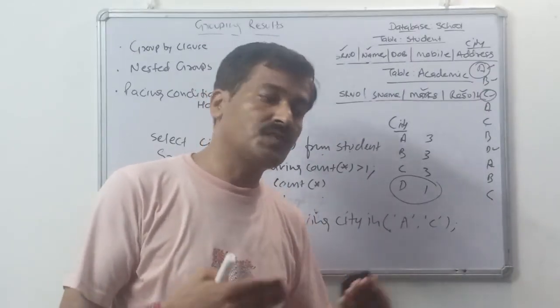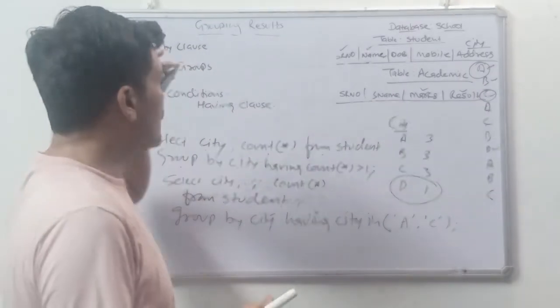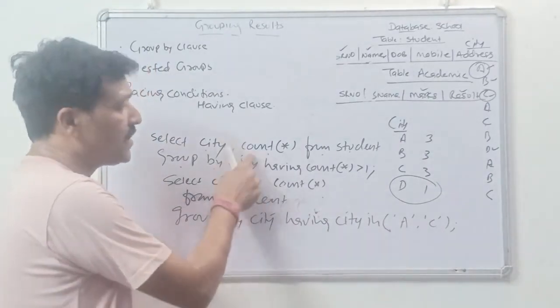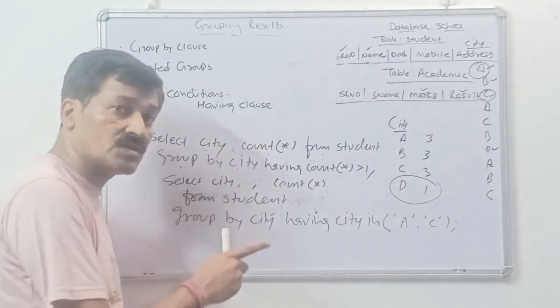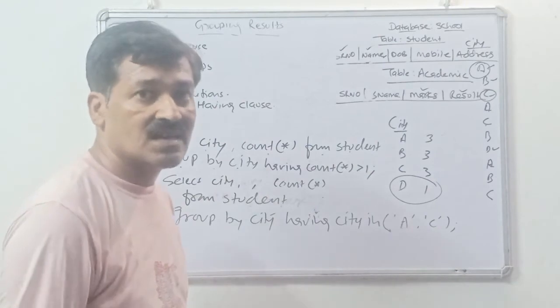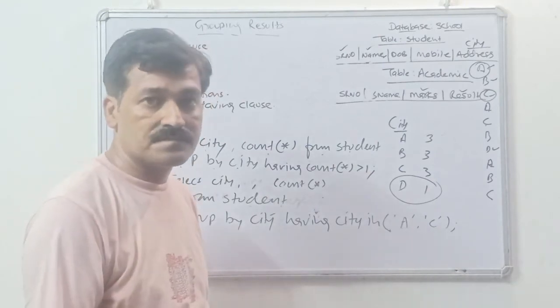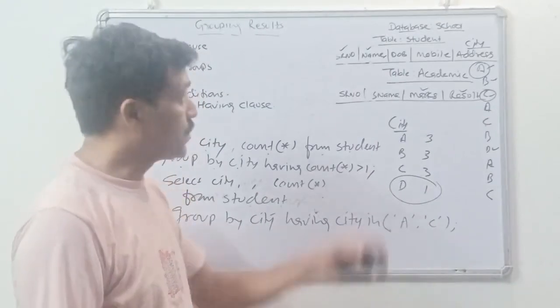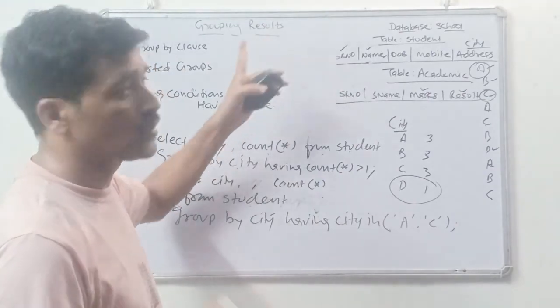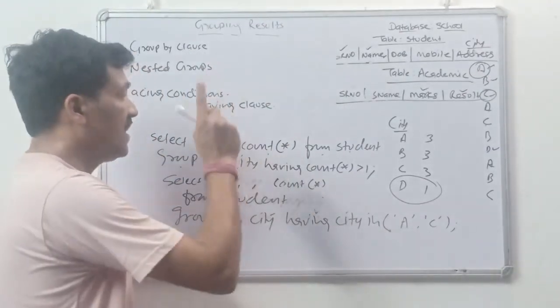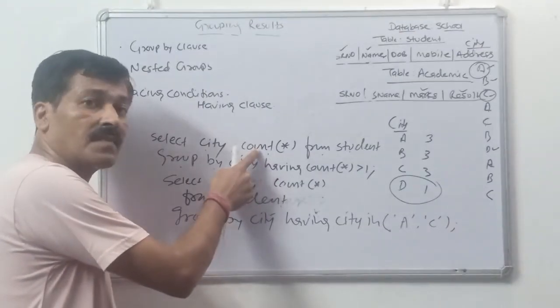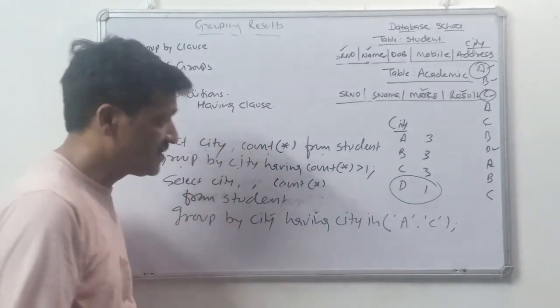So these values will be created as a group and any of the aggregate functions is to be used to make an appropriate value. So group by is used for grouping the results, and to group it we need an aggregate function.